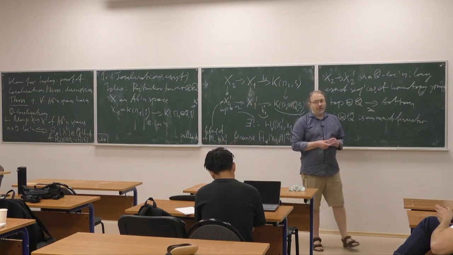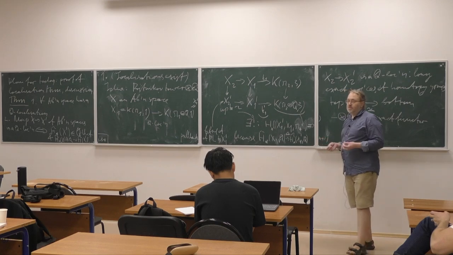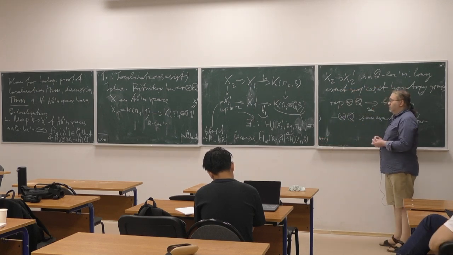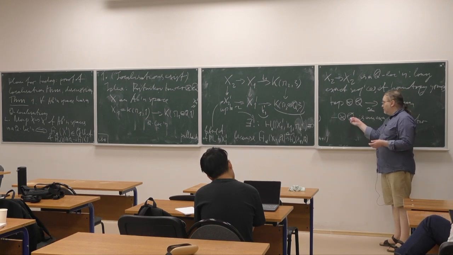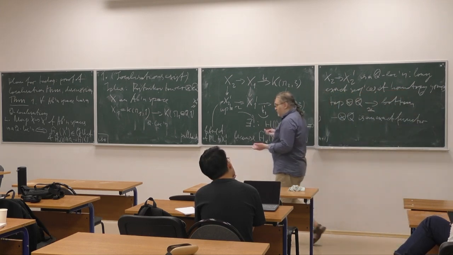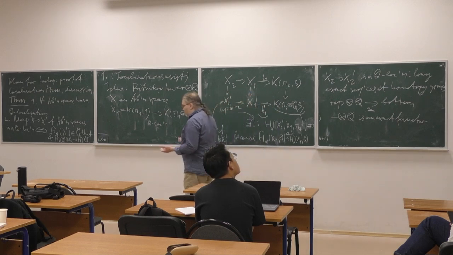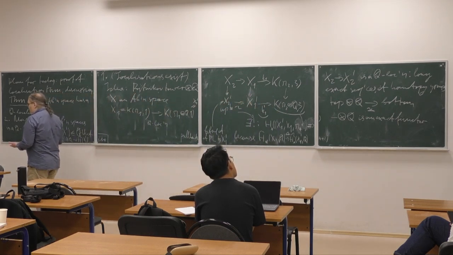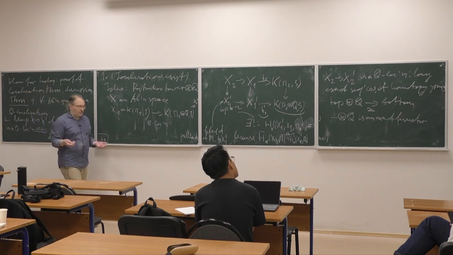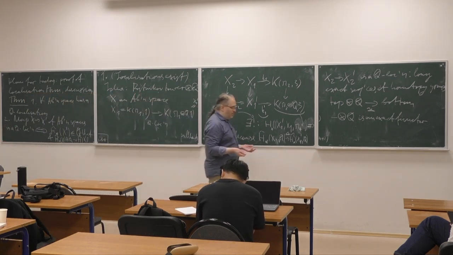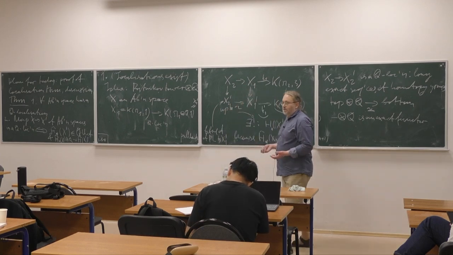In fact, tensoring by Q is the same as localization of abelian groups at all positive integers.